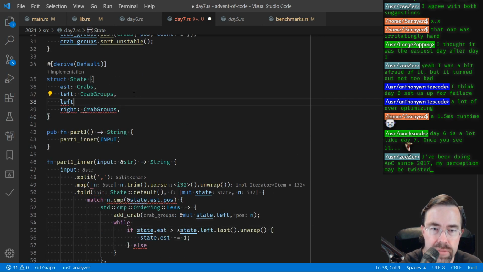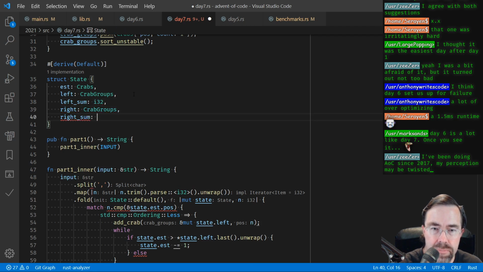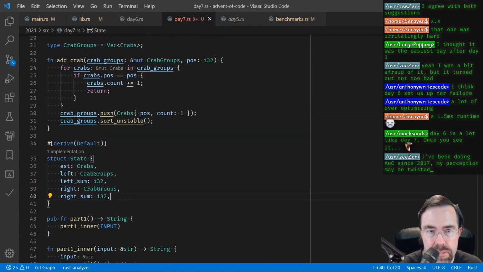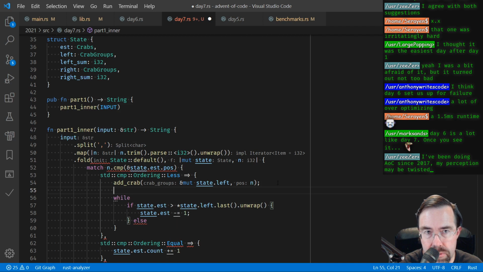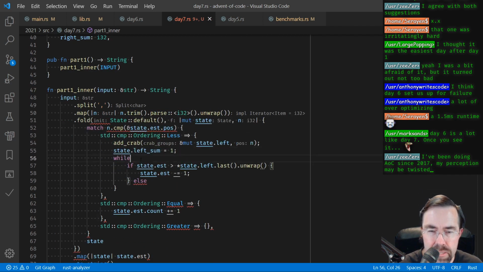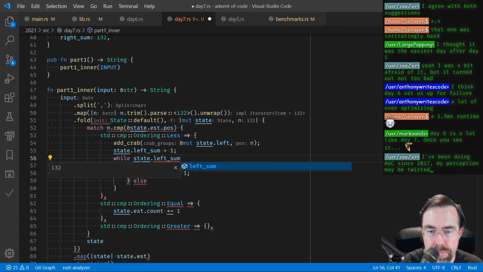So something like left sum and right sum, which means that when I add it, then I need to add to the left. So state.left_sum += 1. So then while it's unbalanced, right? State.left_sum is greater than state.right_sum.